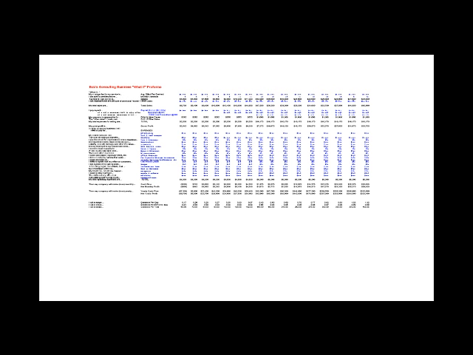The second tab is quite difficult to read, but if you have the Excel spreadsheet open, you can see it much more clearly. And the left column over here is your what if.